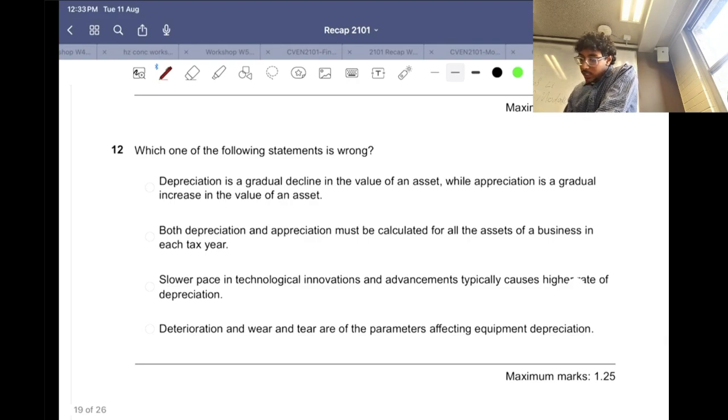Another one of these, which statement is wrong? Depreciation is gradual decline of the value of assets, while appreciation is the gradual increase in value of assets. Both depreciation and appreciation must be calculated for all assets of a business in each tax year. Slower pace in technological innovation and advancements typically cause higher rates of depreciation, and deterioration and wear and tear are parameters affecting equipment depreciation. What are we thinking here?